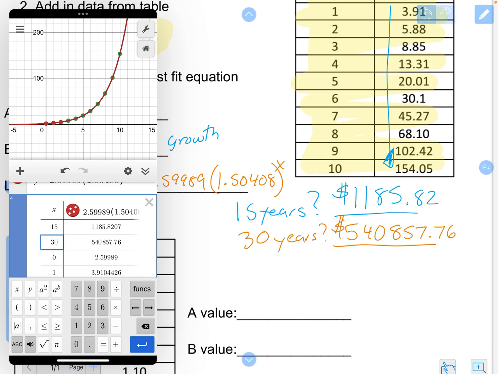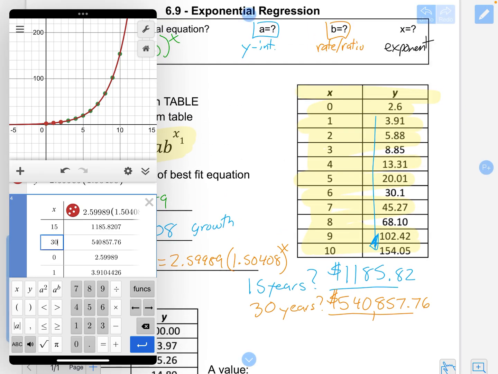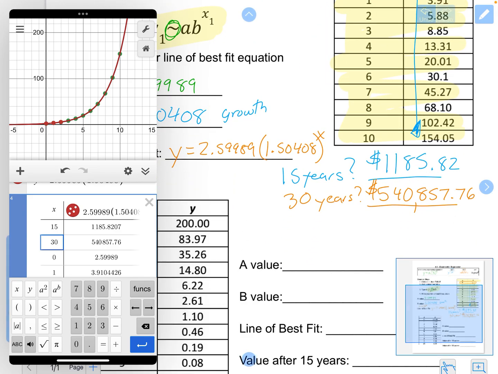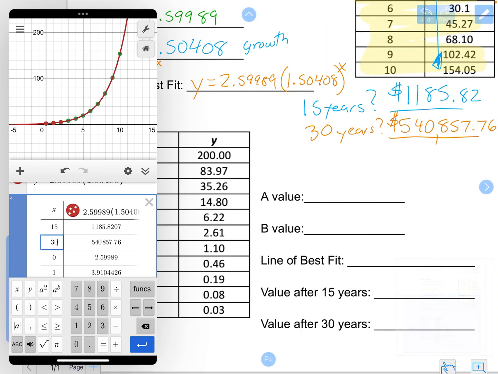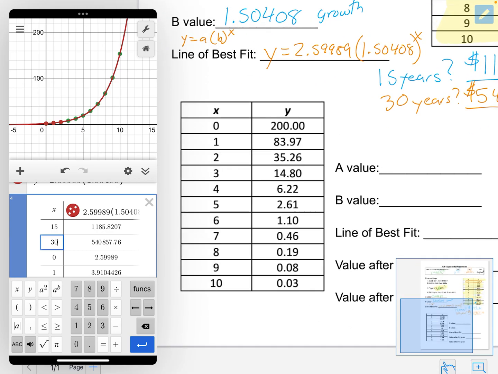I'm just making this up. So let's say it's a baseball card that 30 years later is worth $500,000, and the person bought it for $2.60. That's why we really appreciate these exponential equations, because we can see how those things grow and how those values change.